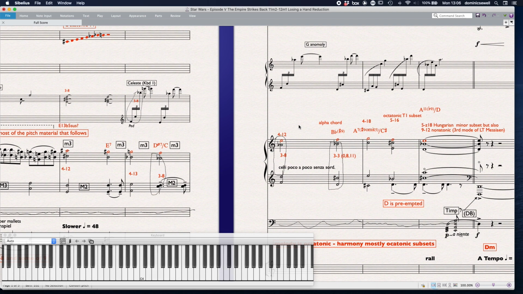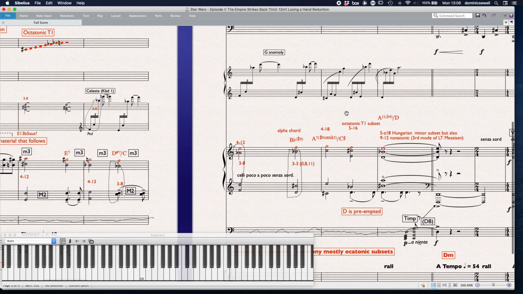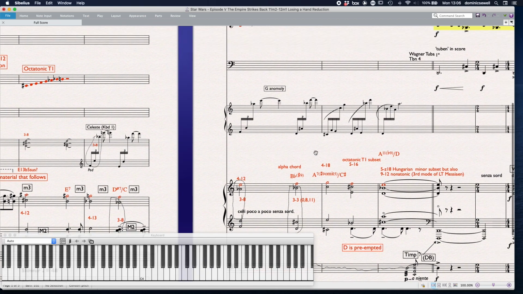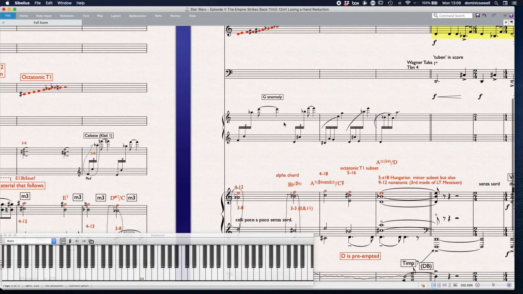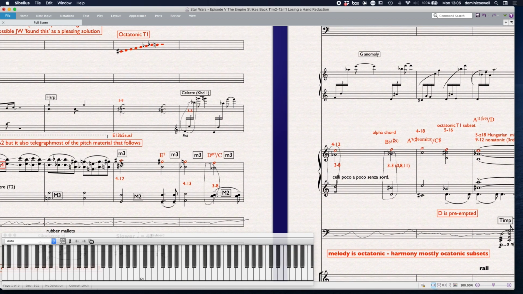And then we're culminating on that really weird A11 flat 9 with a D in the bass. But they're mostly octatonic subsets, interestingly. So that's what it does, and this is just following the broad strokes of this. If we have a look at the melody notes, it's all generated from an octatonic scale.